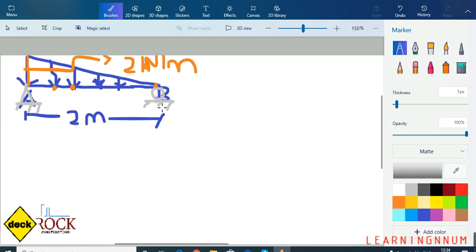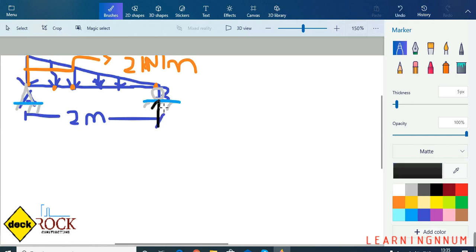So now a roller has a point of contact with the ground at this point, and a pin has a point of contact with the ground at this point, which I am marking in sky blue color. What would be the reactions for a roller? Perpendicular to the point of contact.